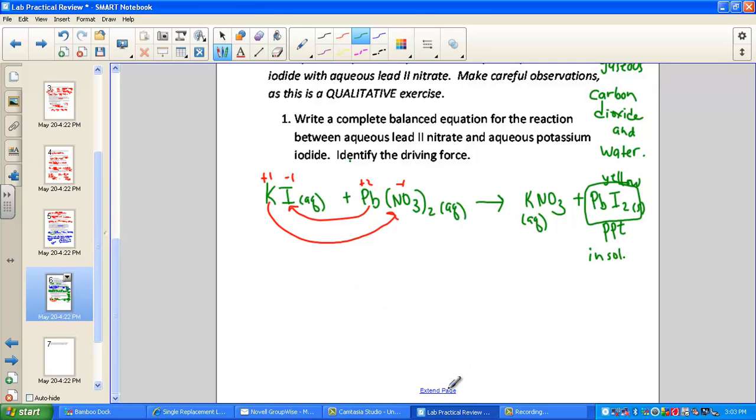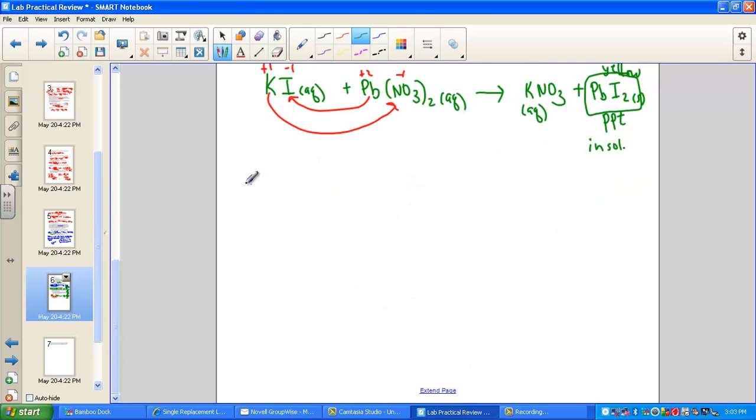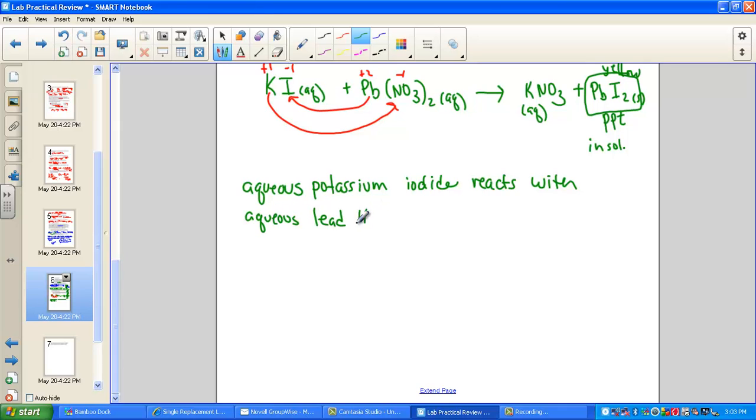I'll extend the page and write a sentence. So I have aqueous potassium iodide reacting with aqueous lead 2 nitrate, then the arrow, so I'll put forming, producing, yields, lots of choices there that are nice.